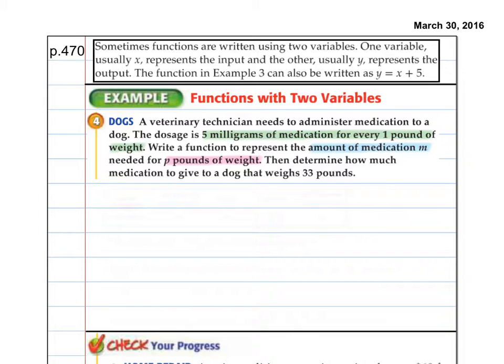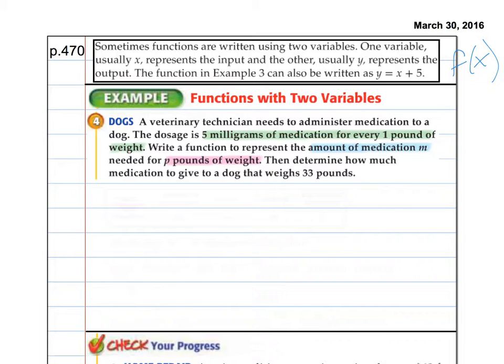So sometimes they're written using 2 variables. One variable represents x, and the other one, like we talked about, usually represents y, which again is your output, that f of x output. So this has actual meaning, it's not just numbers. Every time you do something, it has an effect, and there's a change, right?